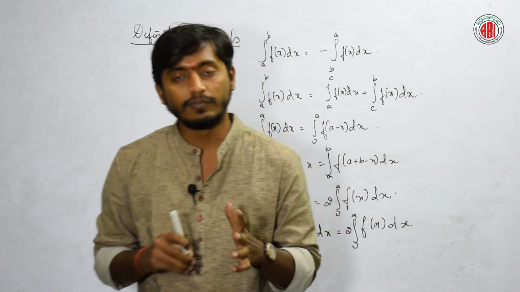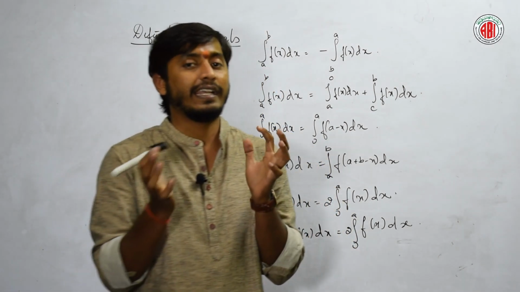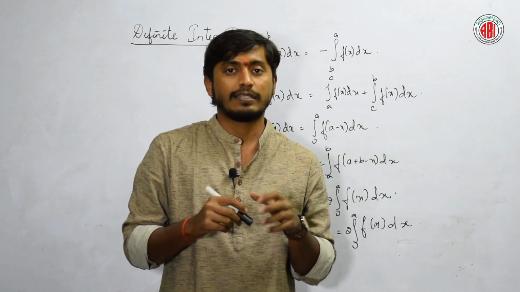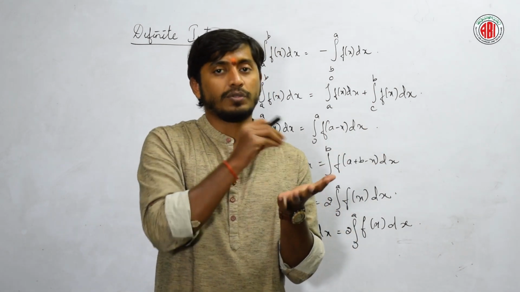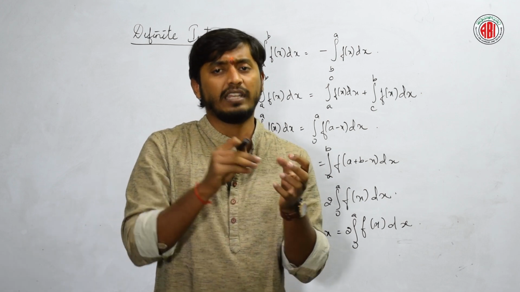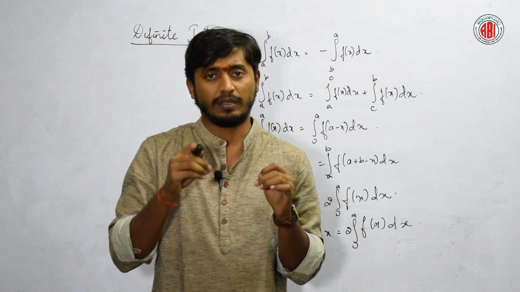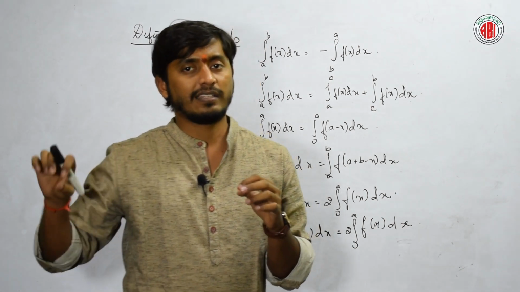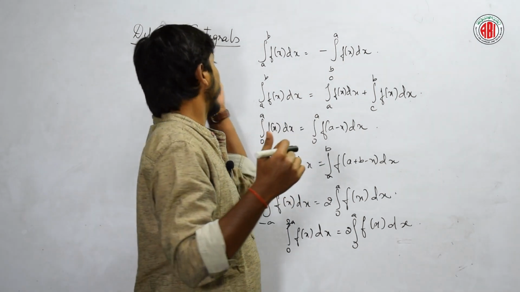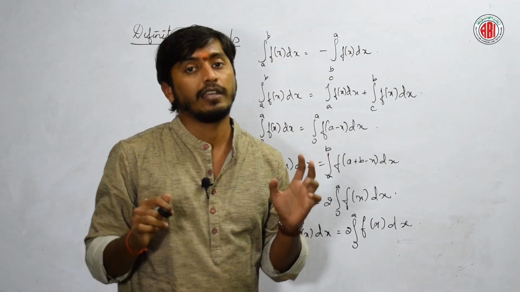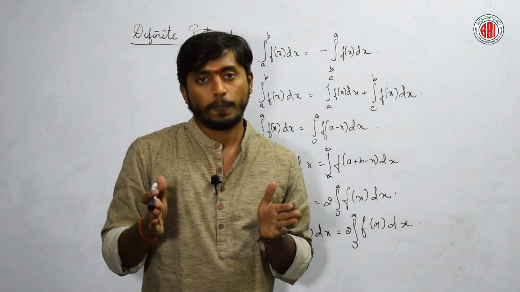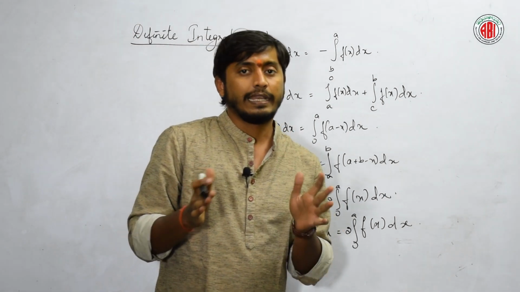Whenever we find the integration of a particular differentiated object, if there are a few circles and I want to make it a perfect square or a big circle, we need a few more small spaces in between. That is the area which we take as a constant. Whereas in definite integrals, we don't have that particular thing. We have a fixed range of integrals. Okay, is it clear? Fine.